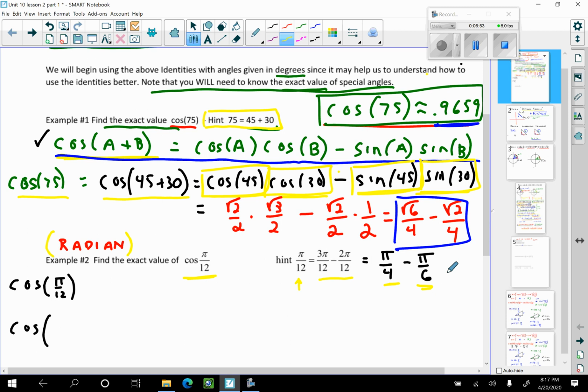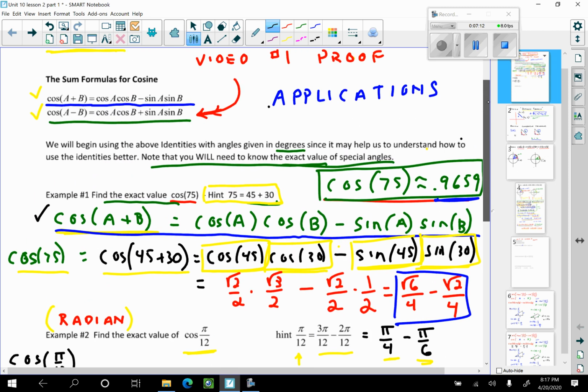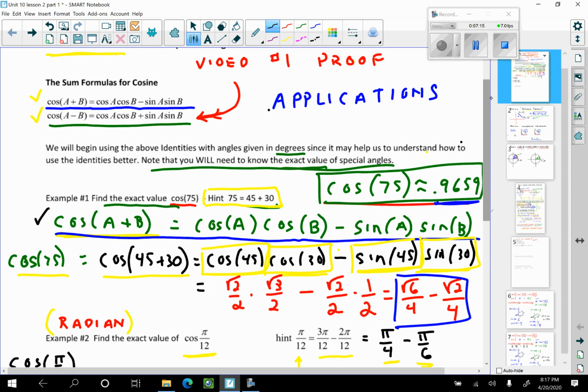So I'm going to write cosine of pi over 12 as cosine of pi over 4 minus pi over 6. And now I'm going to employ this particular formula up here, since I have the difference of two angles.